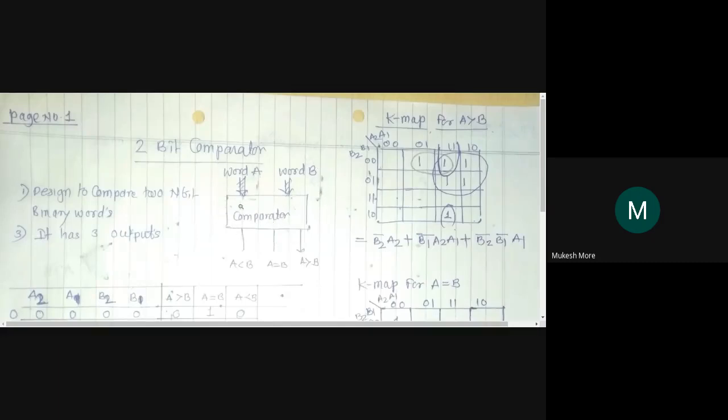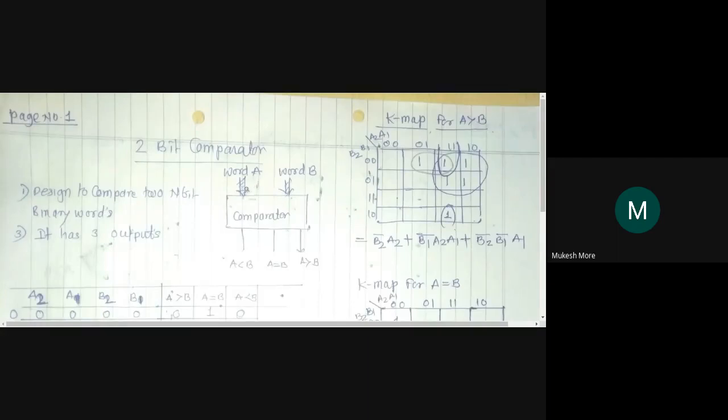In this figure, there is a logic circuit, and for this logic circuit, we have two inputs, that are word A and word B. I have shown word A and word B with thick lines.